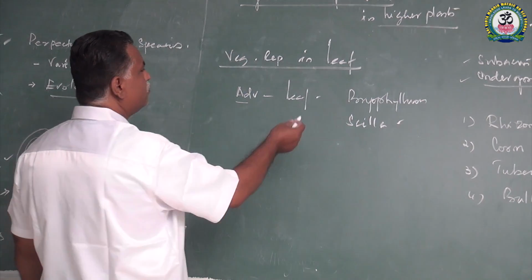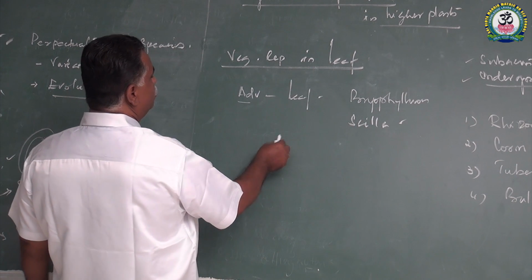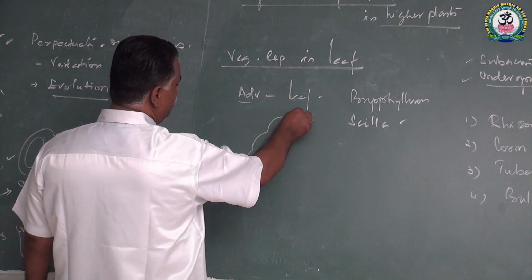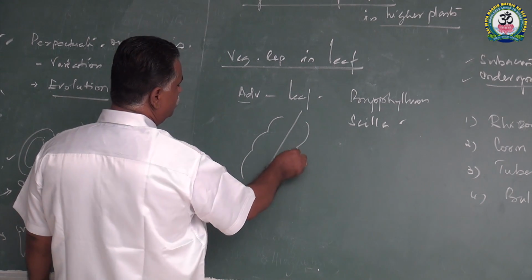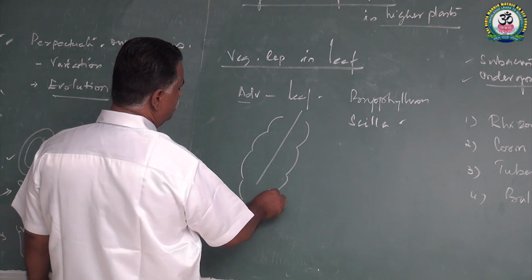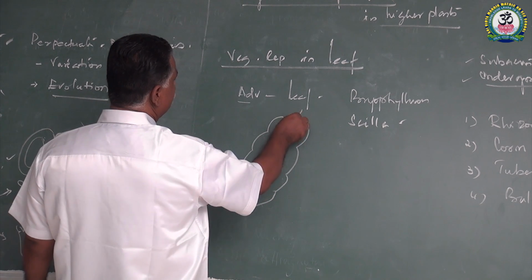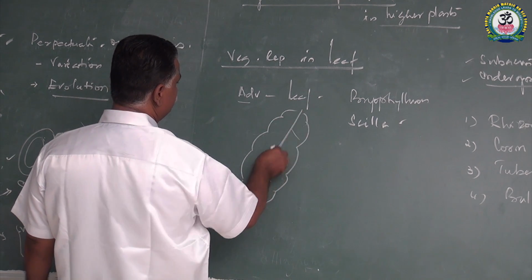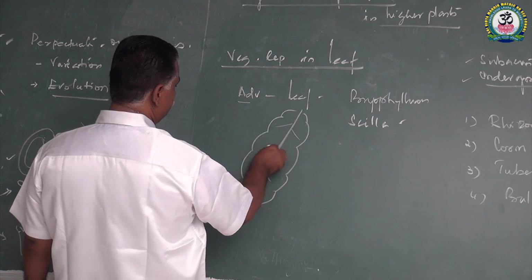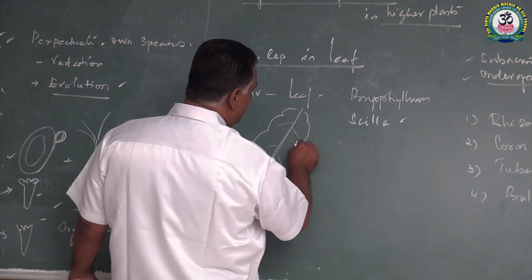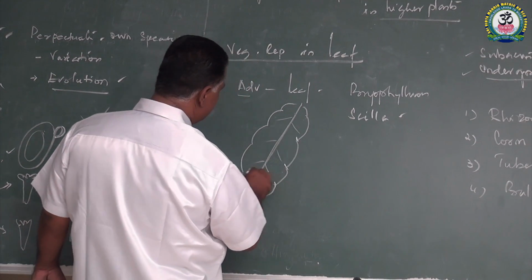But say we take for example Bryophyllum. Bryophyllum has a succulent leaf with side notches like this. In the notches, there are adventitious buds.